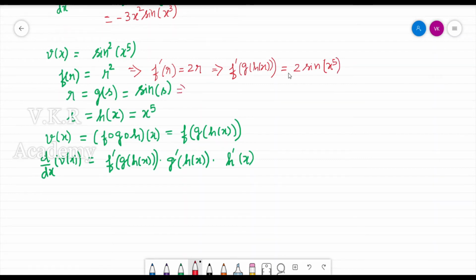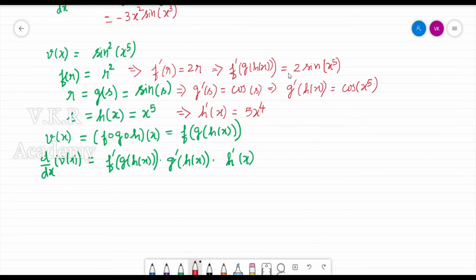And g dash of s is equal to cos of s, that is g dash of h of x is equal to cos of x power 5. And h dash of x is equal to 5x power 4.